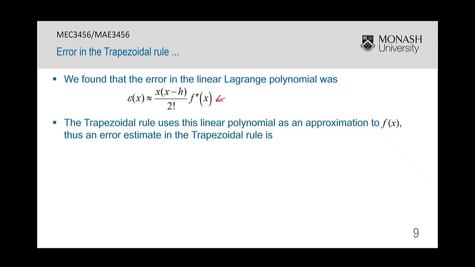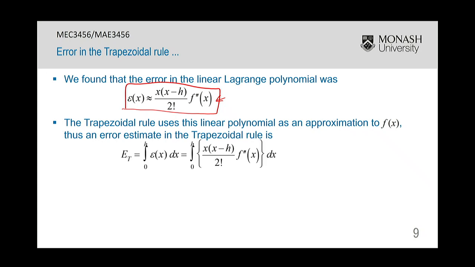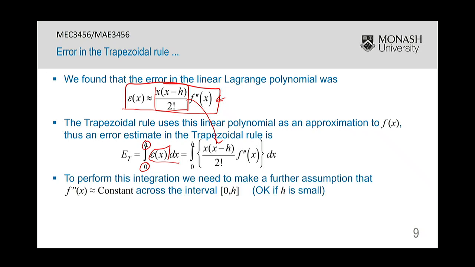Thus, an error estimate in the trapezoidal rule can be obtained by integrating this error function over one interval. So the error is going to be equal to the integral of epsilon of x from 0 to h, that's our interval, and we just substitute epsilon of x by that into our integral there.